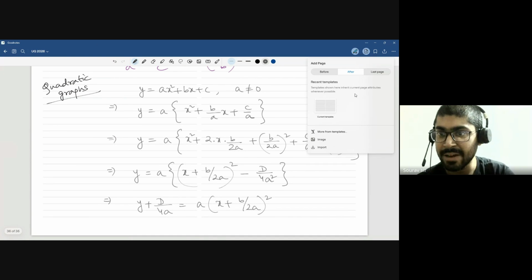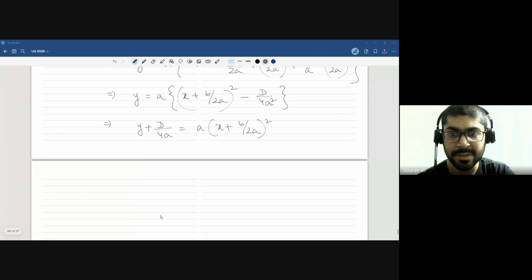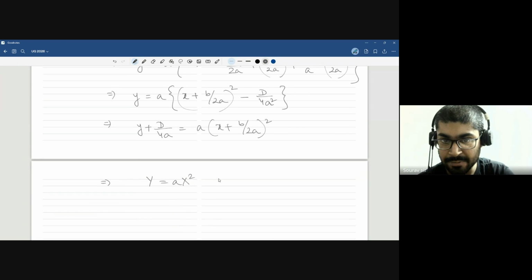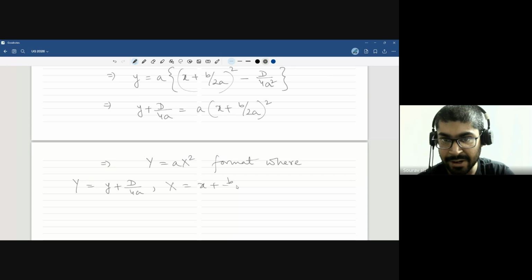Agree, everyone? Just simplifying this step, what does this become? Does this not become a parabola in y equal to ax square format, where y is equal to y plus d by 4a and x is equal to x plus b by 2a? A little bit of variable shift gives us our answer.